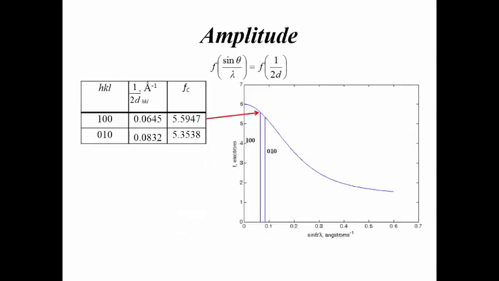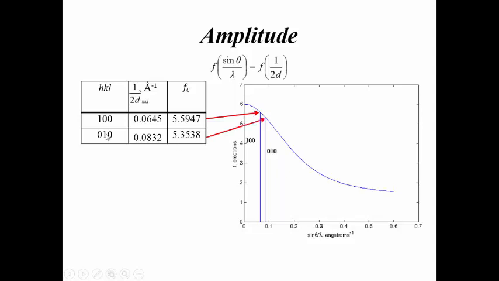So here is the scattering curve. Here's the 100 and the 010 extracted. For the 100, you can see that 1 over 2d is 0.06, so this is about 0.06 along here, and you come up and read that for carbon at roughly 5.6.